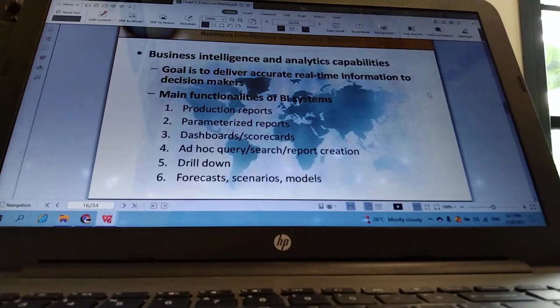The functionalities include producing reports that you can use for decision making, parameterized reports, maybe very specialized or customized reports for a special action to be taken or a special decision to be made, or generally all BI systems will have a dashboard.